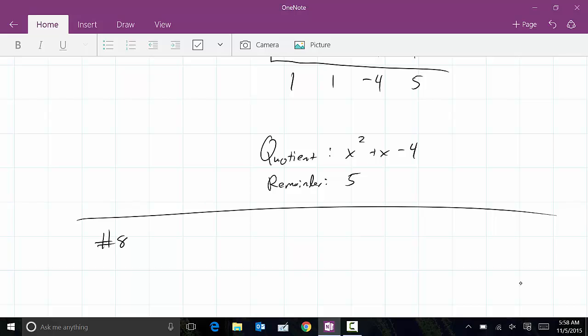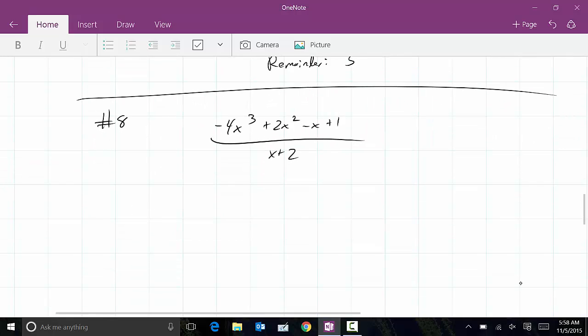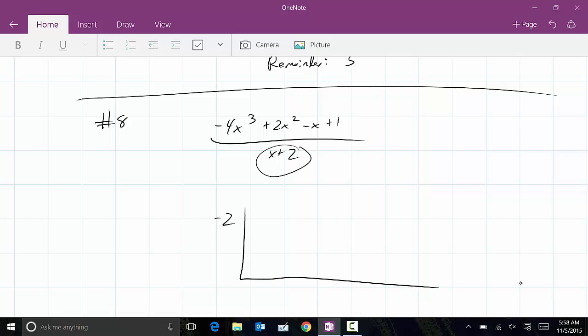All right, let's do another one. This is number 8. We're going to figure out what is -4x^3 + 2x^2 - x + 1 divided by x + 2. So we're going to have a -2, because remember this is x + 2, so that's x minus -2.